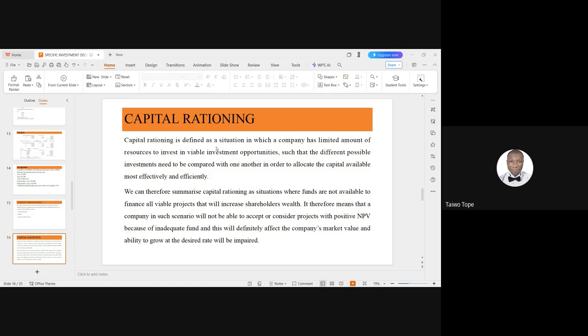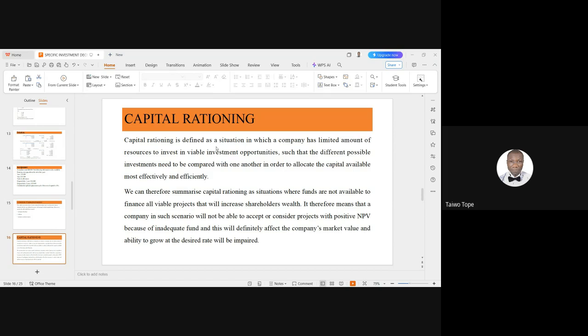There is much money. As opportunity shows up, the organization can decide to invest because they don't have limited resources. They have unlimited funds to finance all projects. We can have a case of capital rationing where you can't accept all projects because investment funds are limited.